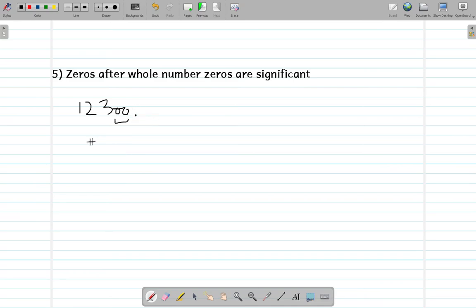If there isn't a decimal, if this number would have been 12,300, it wouldn't have been significant, these two zeros. But when there's a decimal here, now these zeros will become significant as well. And let's say there is 0125 here, so in this case this zero would also become significant, as it is in between these whole numbers. So in this case the zeros within the decimal or whole number range are significant.